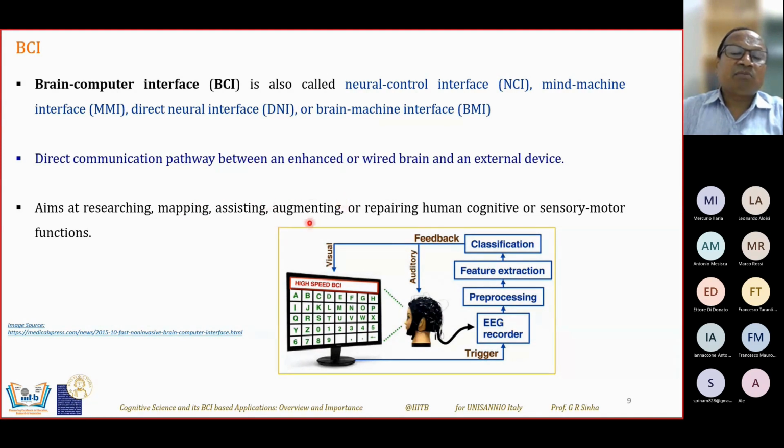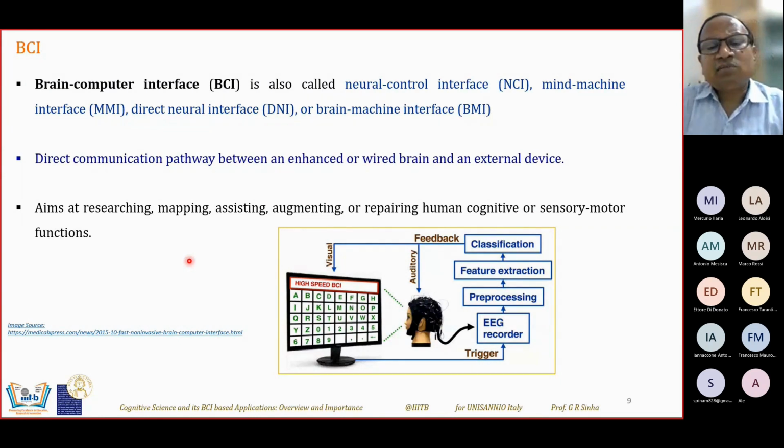The person has some epilepsy or Parkinson's disease, where a person is unable to walk, or is stammering because of some brain disease and not able to talk properly. That kind of augmentation or repairing of human cognitive or sensory motor functions are all the major objectives of BCI applications. So we will definitely touch upon some important applications of BCI in the next lectures.